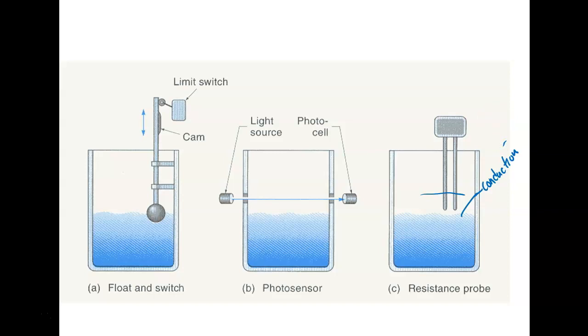Just about all liquids have some conduction to it. So when the liquid comes up and gets between these two rods, we have current flow between the two rods. And then my sensor would just measure off where we have the threshold set. This could be resistance. We could also do this with capacitance.